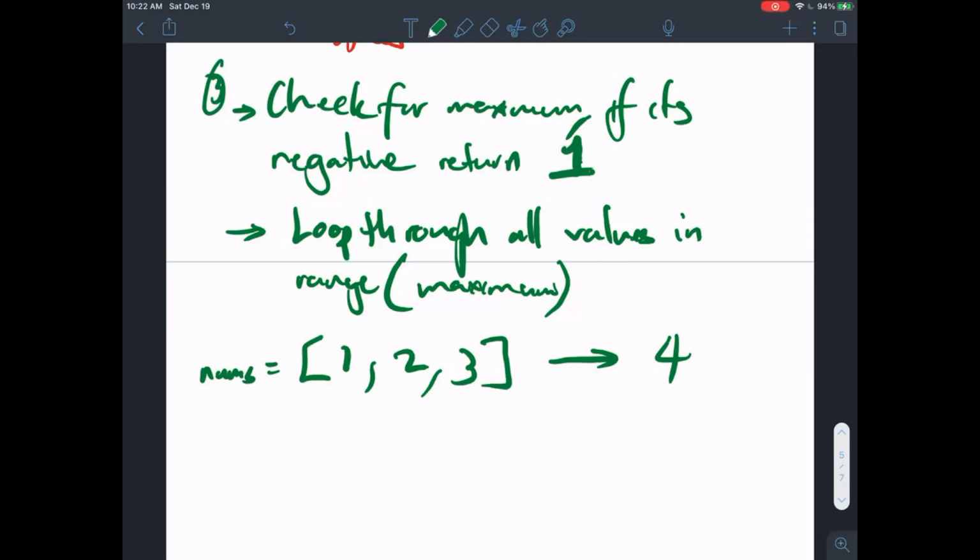So what's the cost of finding the maximum? Let's say I give you a long array, a list with like 1,000 values.